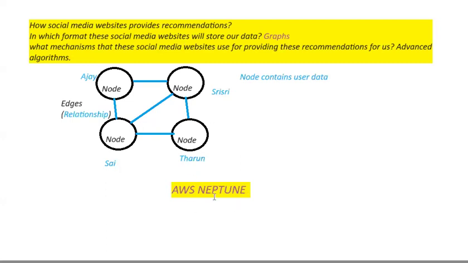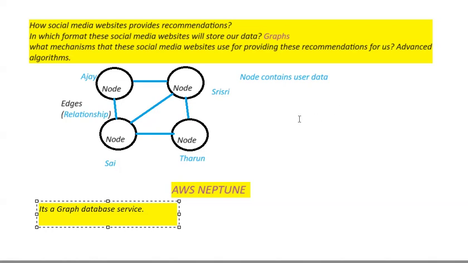AWS Neptune will provide you which type of database? Graph related databases. It's a graph database service. So in this database service, do I need to manage any backend infrastructure?